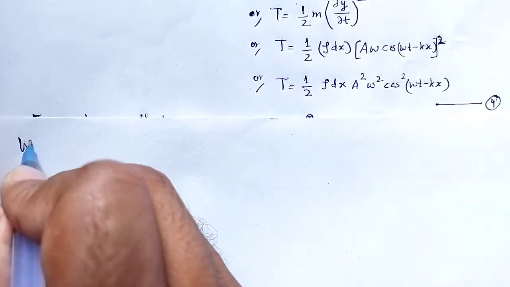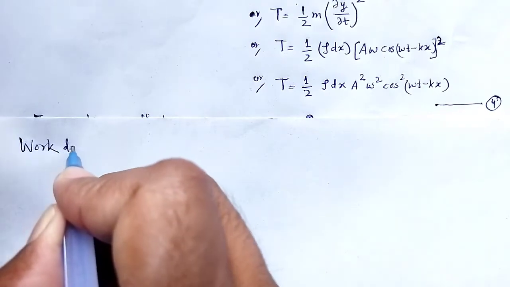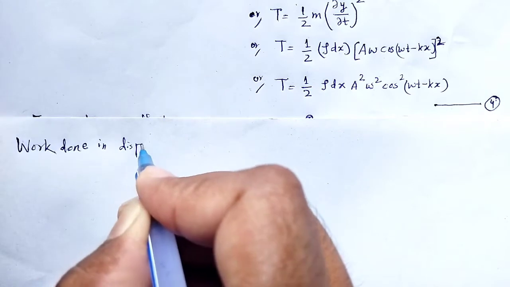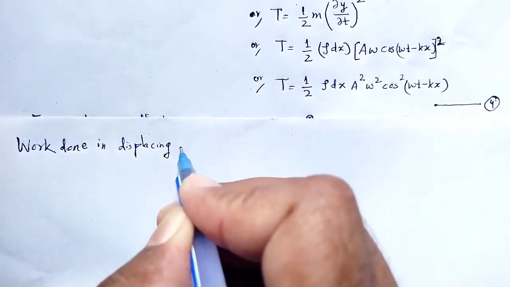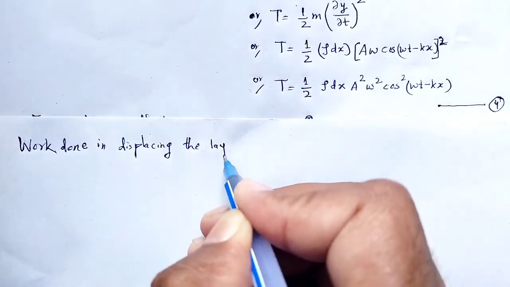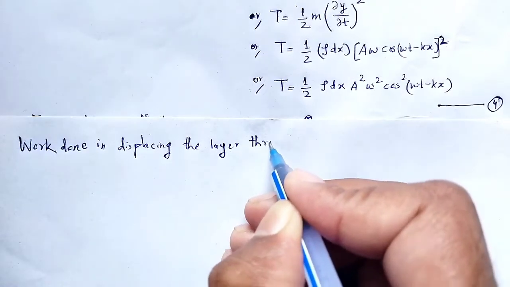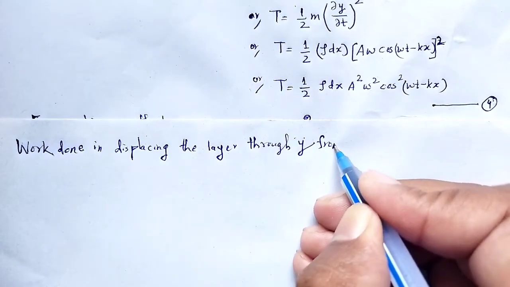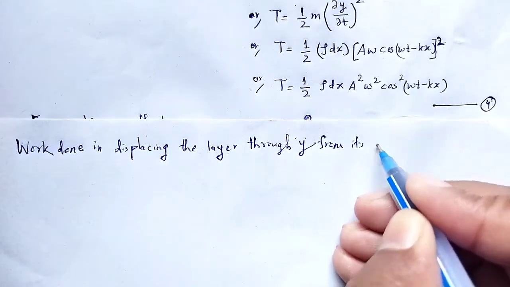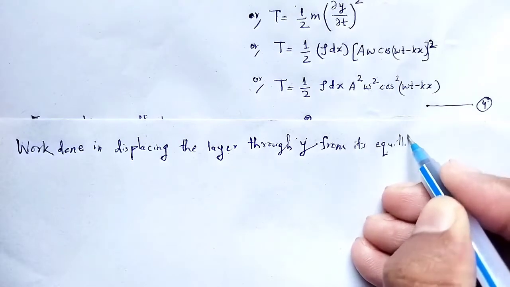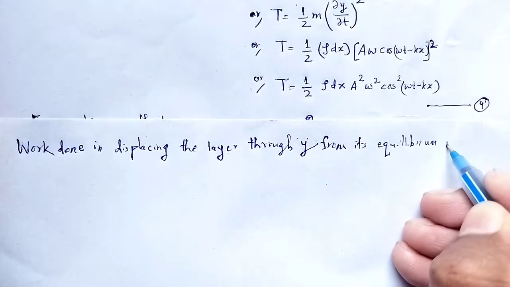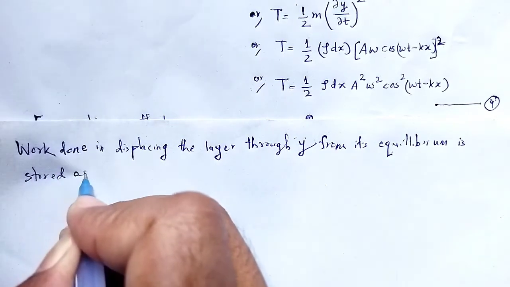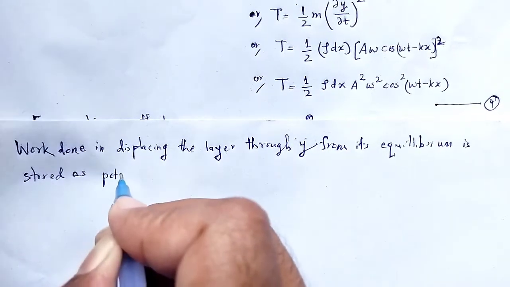Potential energy is nothing but the work done in displacing the layer through y from its equilibrium position, stored as potential energy of the layer.